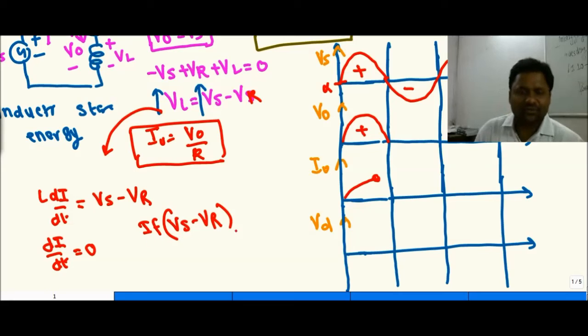If Vs equals Vr, then we can say that di by dt is equal to 0. At this point, we call it Imax.